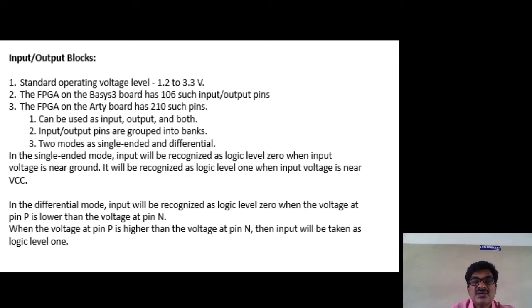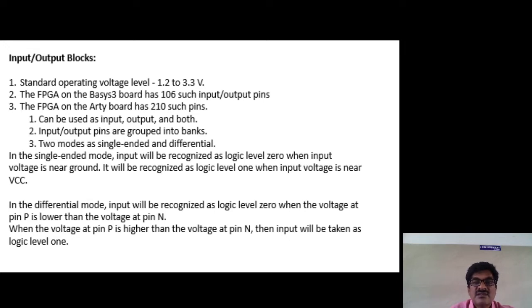Usually these boards' FPGA pins can accept 1.2 to 3.3 volts as a logical voltage level. If you come to Basys 3, it has 106 such input output pins, whereas in RT boards we have 210 input output pins.